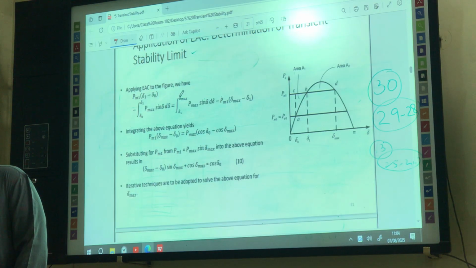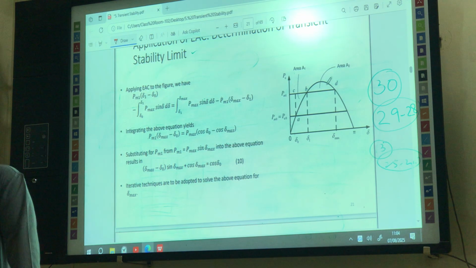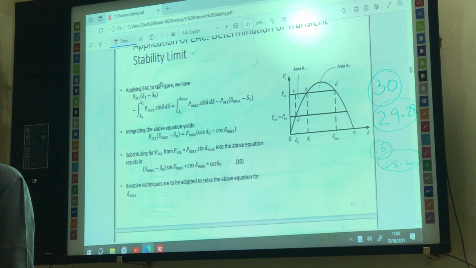Okay. Now this is our limiting case, right? Where your area A1 is exactly equal to area A2. So in this case, we can apply the equal area criterion method, right? These two areas should be the same. So what will be the area A1? Can anyone say what will be the area A1? This area.